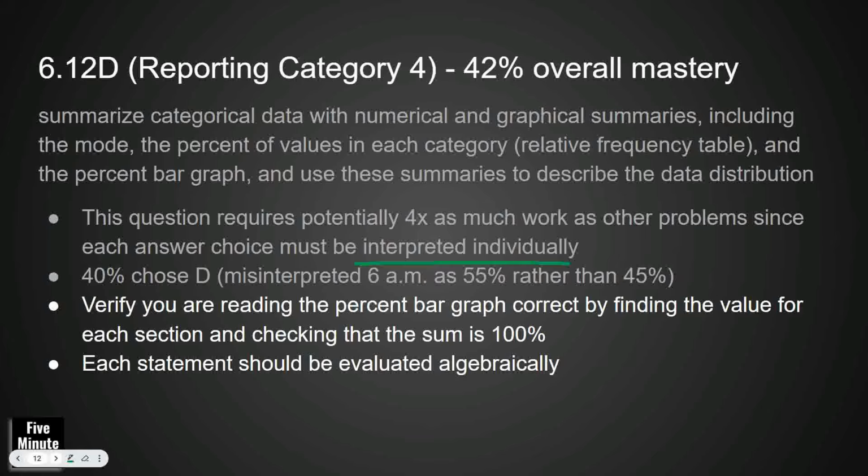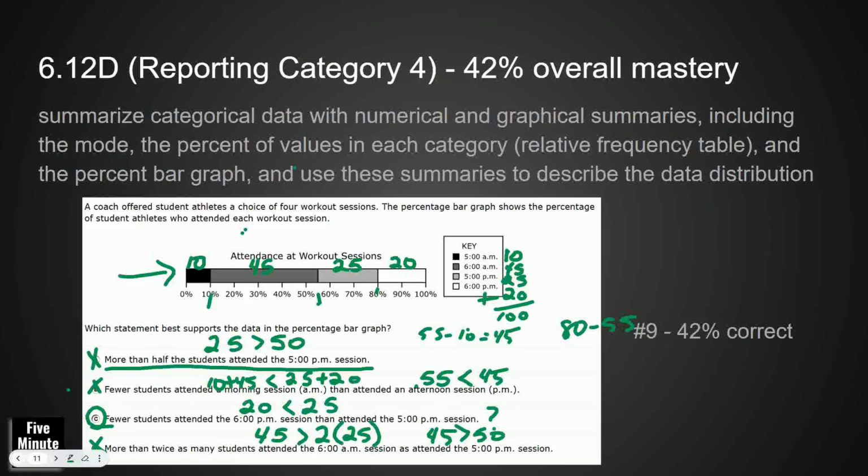And when students see a problem that requires that much work, much like earlier when they had to calculate the area of all the different shapes, sometimes they just tap out and say, I'm just going to eyeball this. And then 40% chose D.